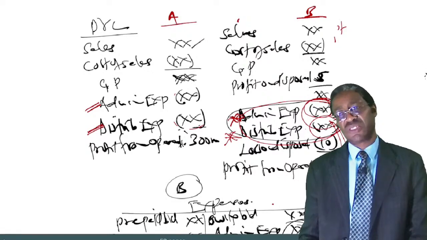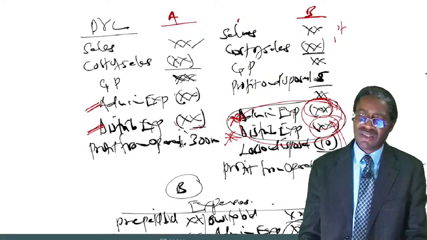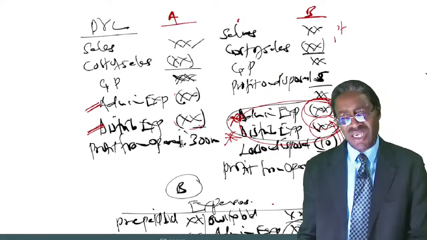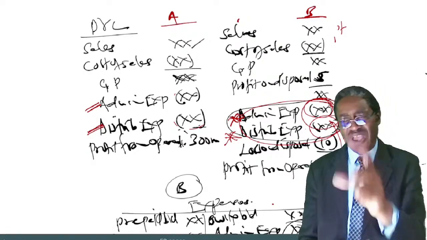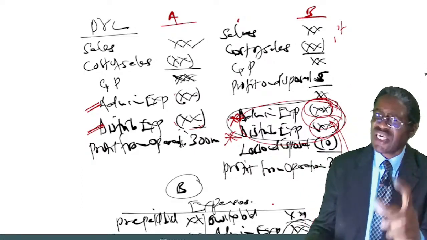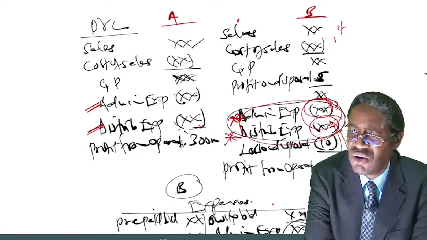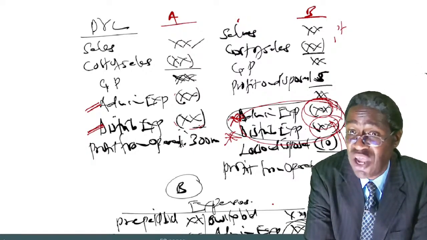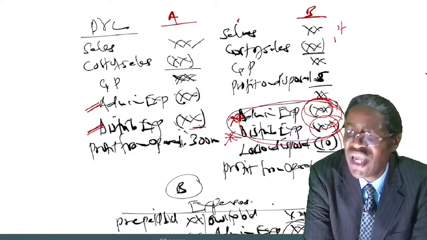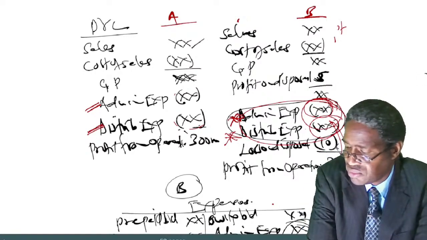So the question is, where do you think accountant number A has put his 5 million? How do you think he treated his 5 million? We sold a motor vehicle and made a gain on disposal of 5 million. Where do you think accountant number A used his 5 million?